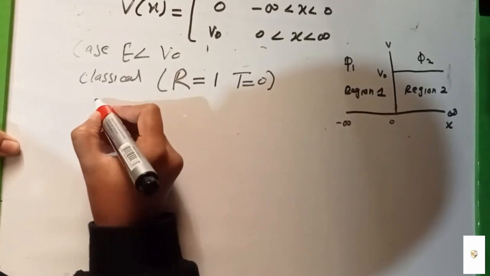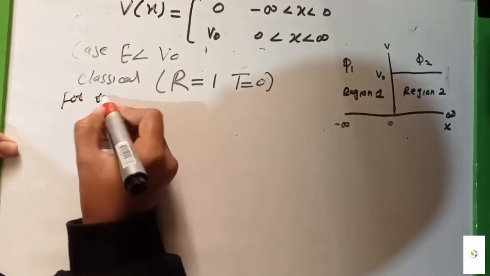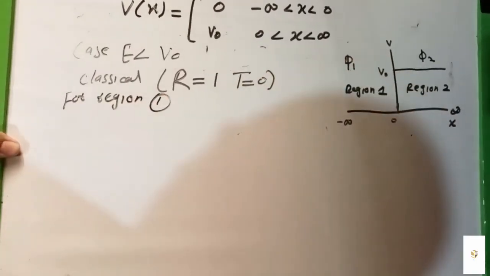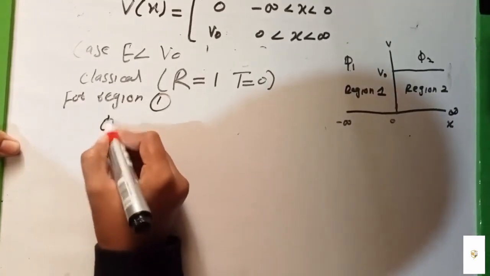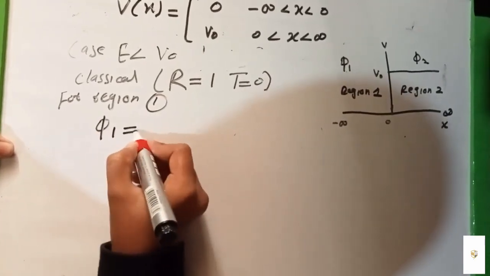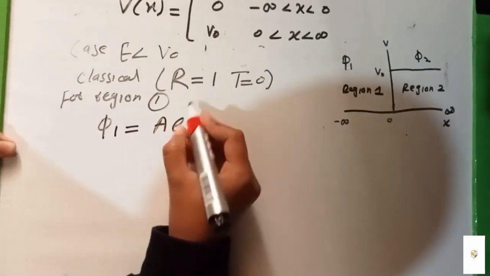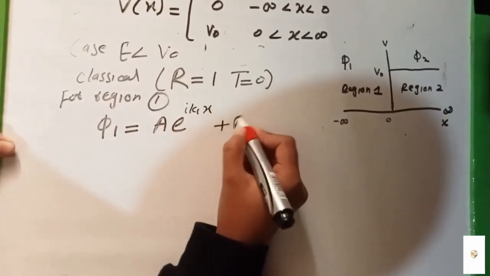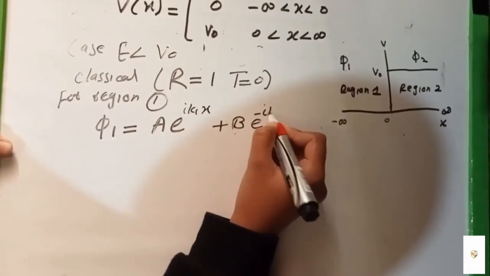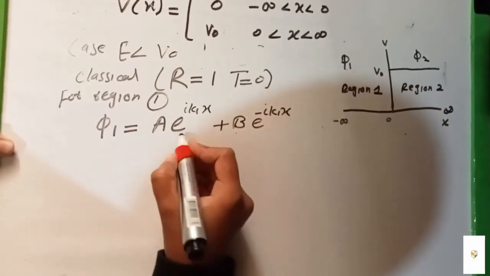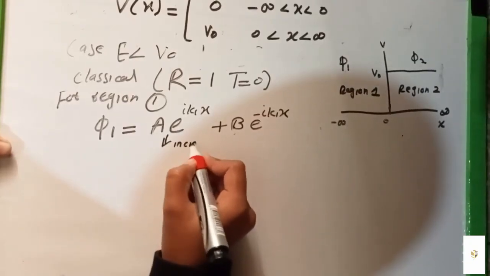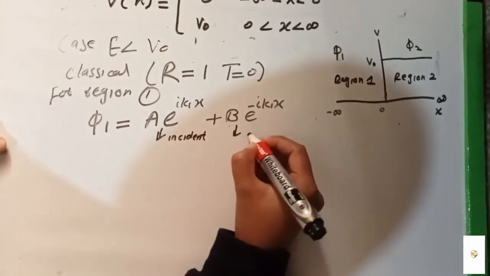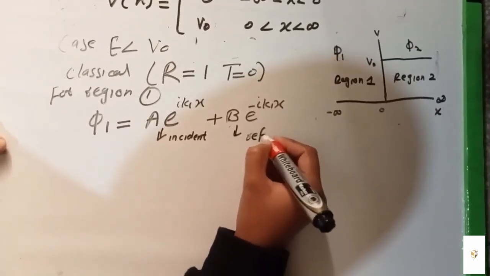So for region 1, the Schrödinger wave equation and its solution remain the same, which is A exponent iota k1 x plus B exponent minus iota k1 x, where the first term is incident and the second term is reflected.